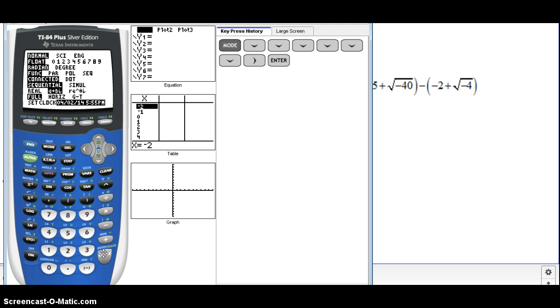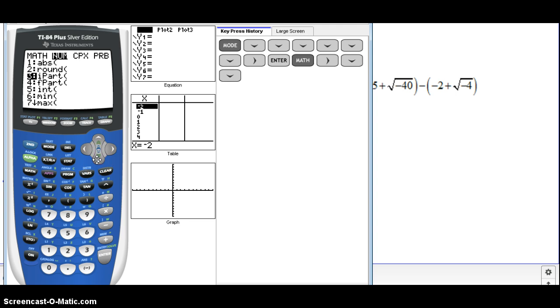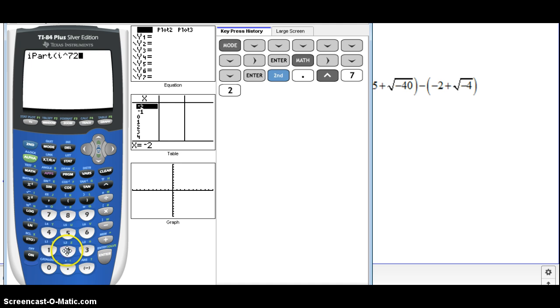Then for i to the 72, we hit math, over to number, and down to iPart. Now we put i to the 72 inside this. The i is above the period here in blue, so we hit second i, then the caret and 72. Then we hit enter and the calculator gives us 1. Always make sure it makes sense to us whenever we use the calculator, but I wanted to show you that as well.